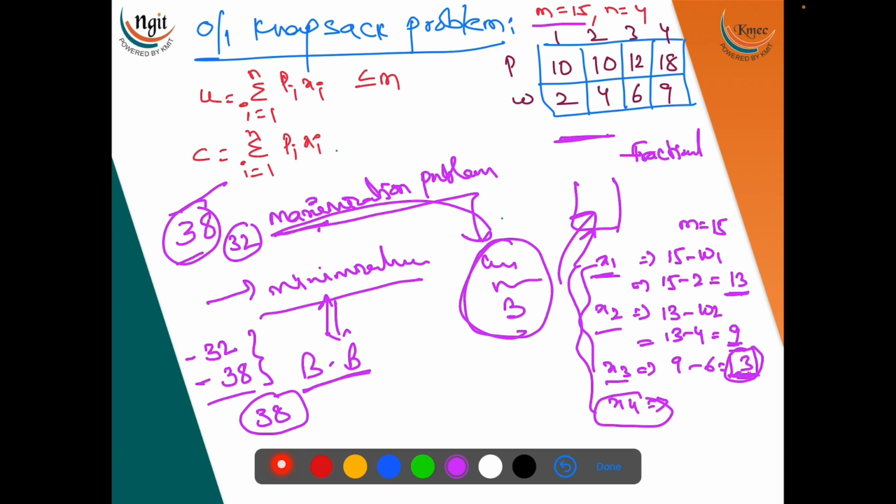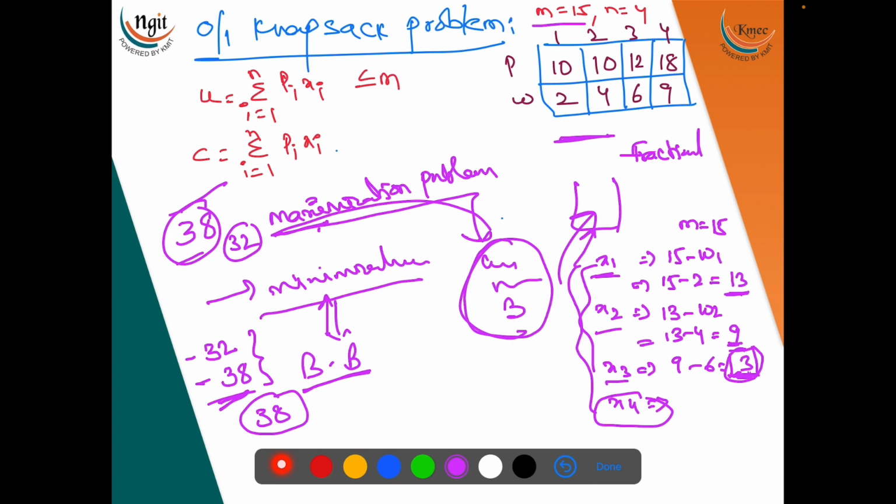That means we can convert the signs of these profits. Instead of positive, we make it a negative profit, and this maximization problem can be converted into minimization and solved. Then the result is converted back to maximization.